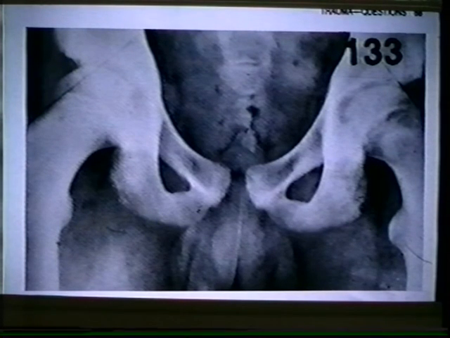Pin in situ. Consider prophylactic pinning of the opposite hip. Both hips are affected in approximately 50% of cases. If the condition has been present for some time, an osteotomy to compensate for the slip can help.